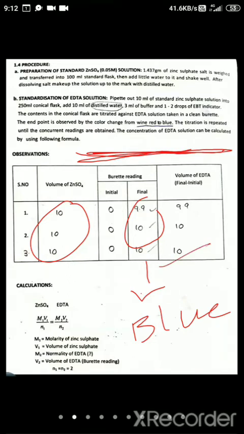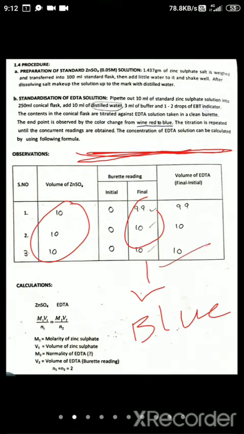The conical flask solution is titrated against EDTA in the burette. After some time, blue color is formed, wine red to blue. Stop the titration and get the burette reading. That reading is 9.910.